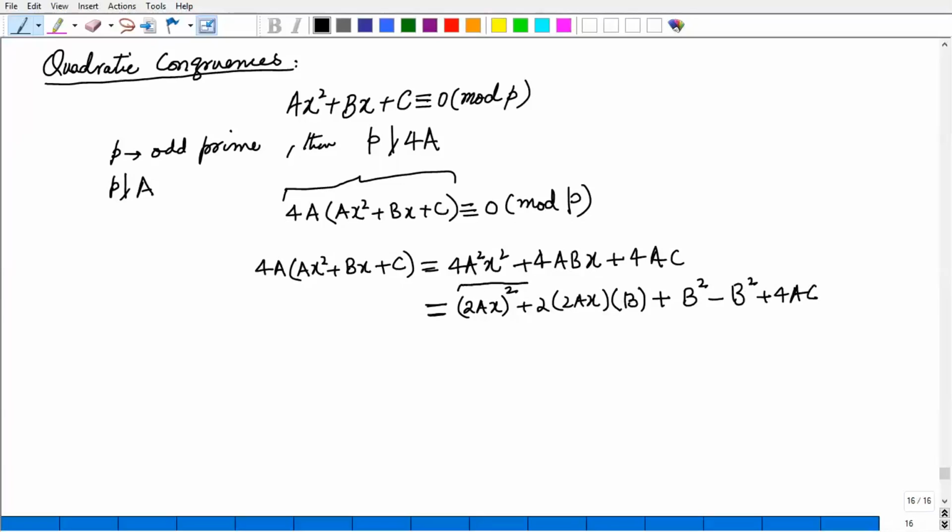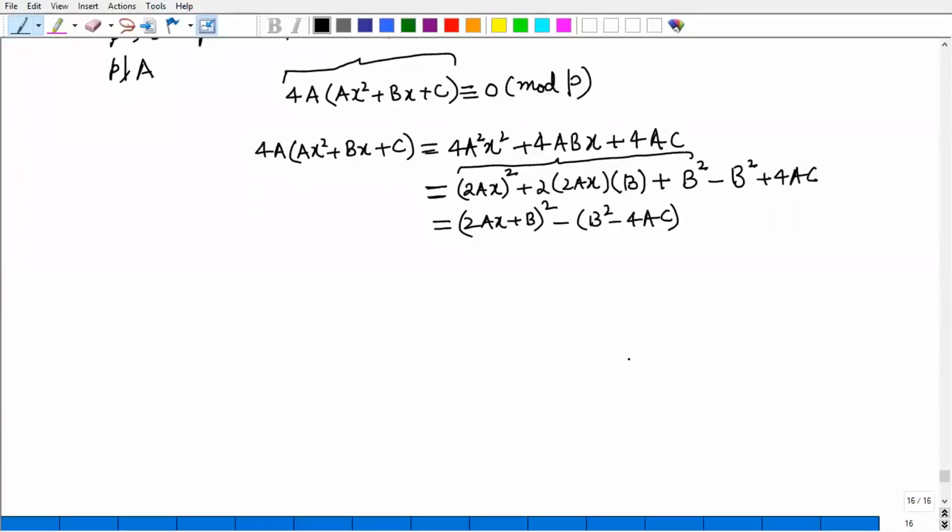So we can use the perfect square identity here. This will be (2ax plus b) whole square, and then we take the negative sign common from here, so b square minus 4ac. Now 4a times (ax square plus bx plus c) can be replaced by the difference of these two expressions.